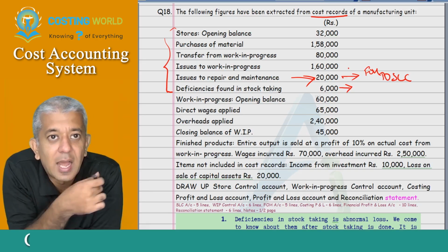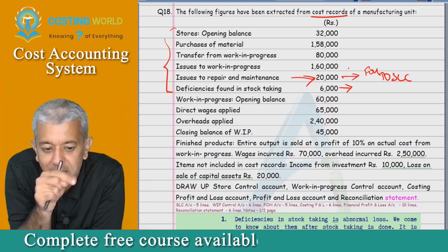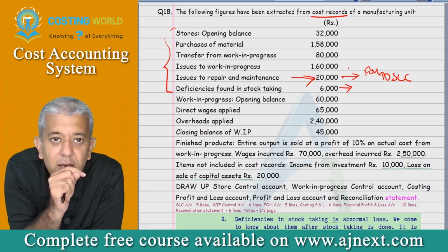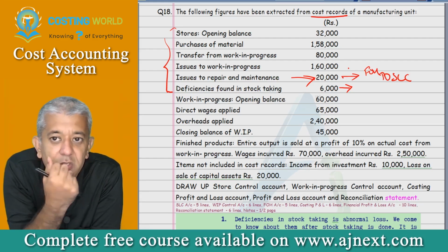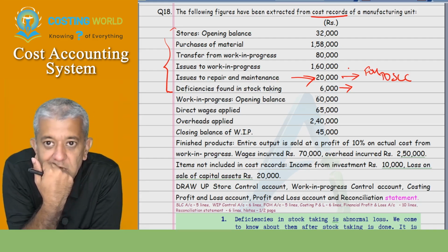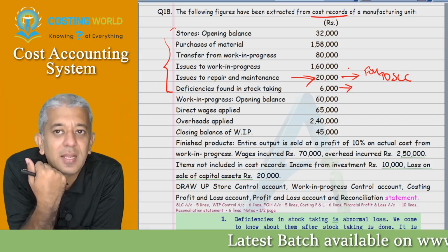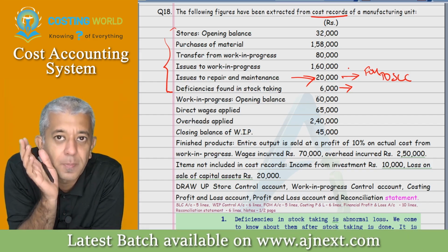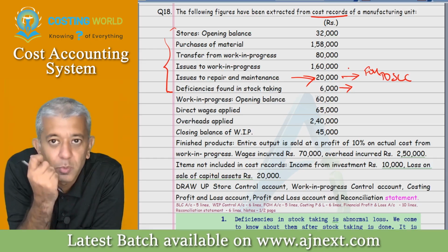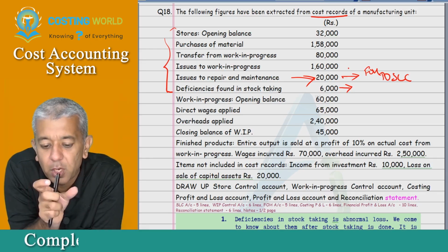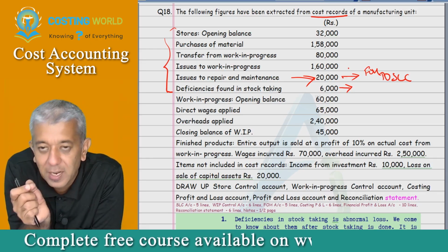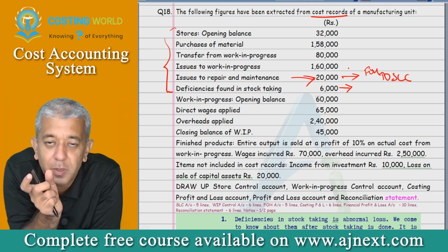Then second, I will be going to the warehouse. There is a card that is hanging over there. I'll remove that card. That card is called a bin card. So we remove that particular bin card. We total up the receipts, we total up the issues, we subtract. That will give you the balance as per bin card.